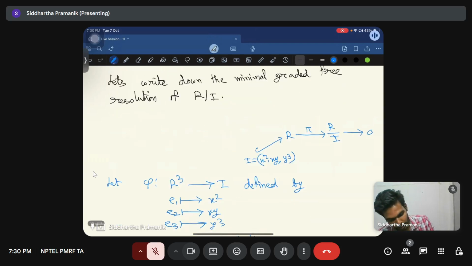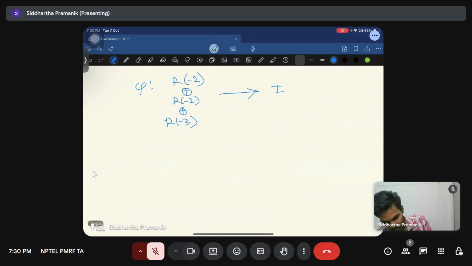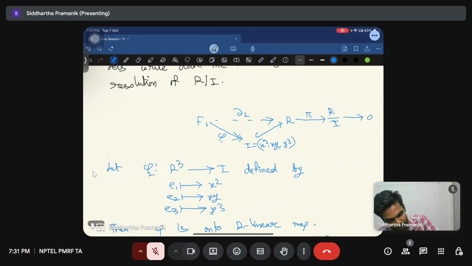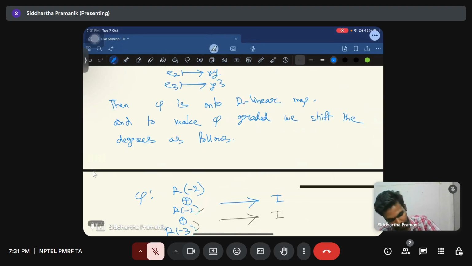So here we have some free module. It is F1, and we will take a surjection, and we will take this composition. So this is phi 1 and this will be delta 1. So let delta 1 be phi composed with I. I1 is this inclusion.